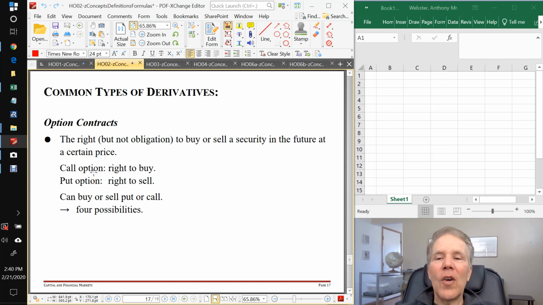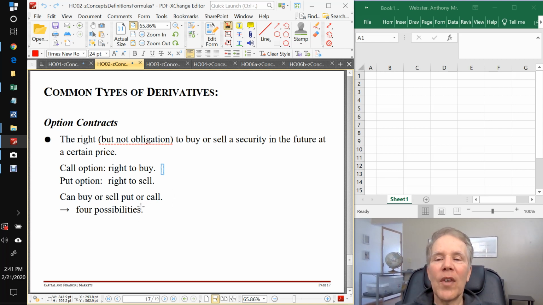Okay. There are calls and puts. A call option is going to give us the right, but not the obligation, to buy a security like a share of stock at a certain price at a certain time in the future. And a put option is similar, but it gives us the right to sell a share of stock in the future at a certain time for a certain price.